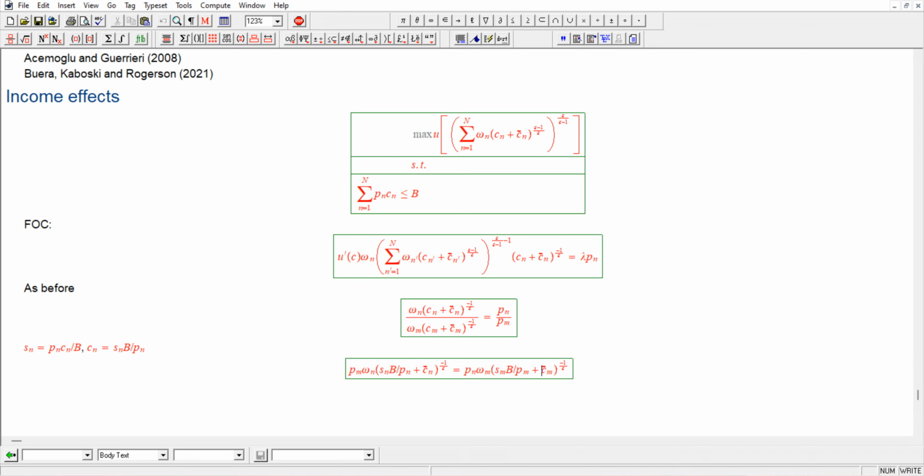If you expand this and you try and find an expression that relates S sub n to S sub m, it's just not going to be possible to do so without having B there, and so that is a reflection of the income effects.